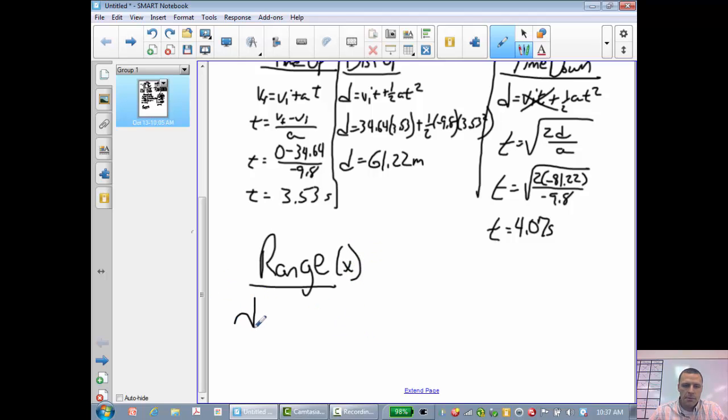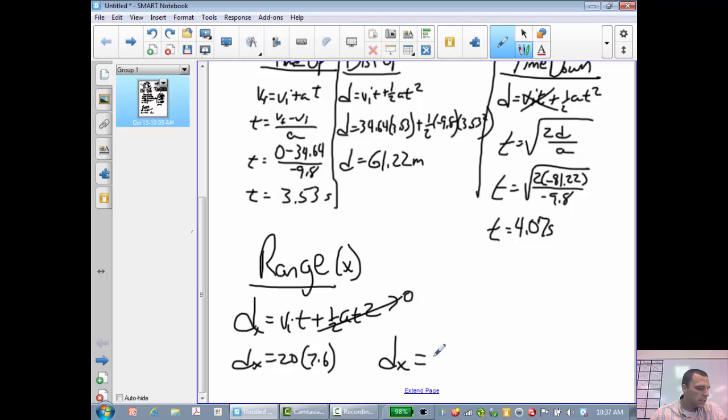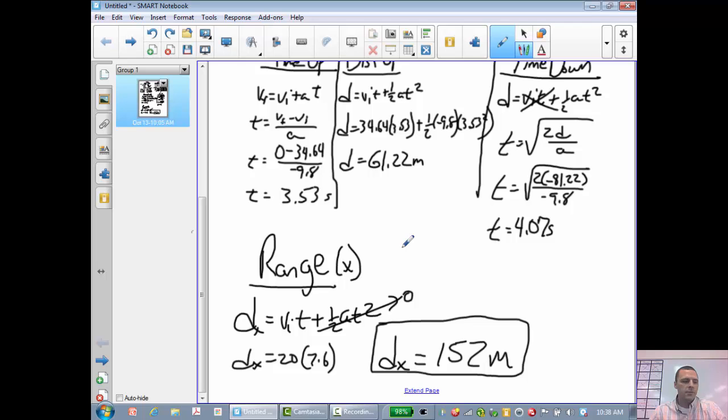Distance in the x direction, or displacement, Vi T plus 1/2 A T squared. There's no acceleration. My velocity is 20 times 7.6, and your range in the x direction is about 152 meters. There's some decimal and rounding things that can happen there, but it's 152.